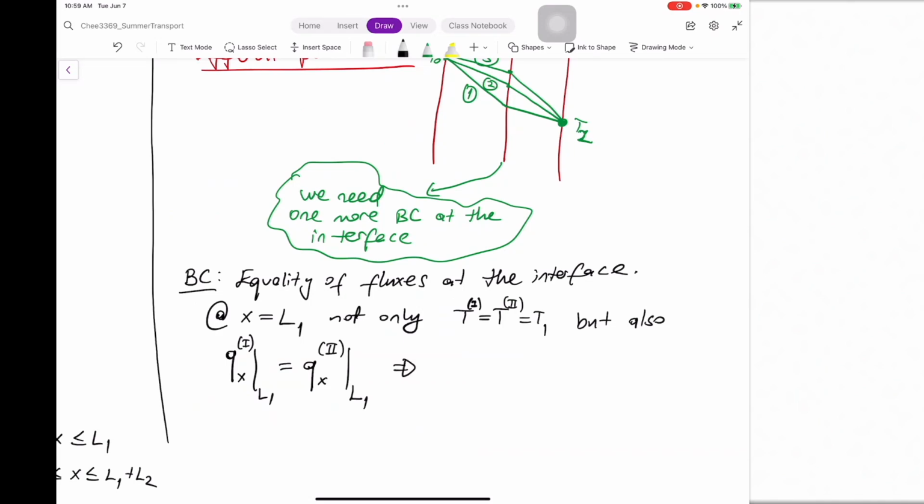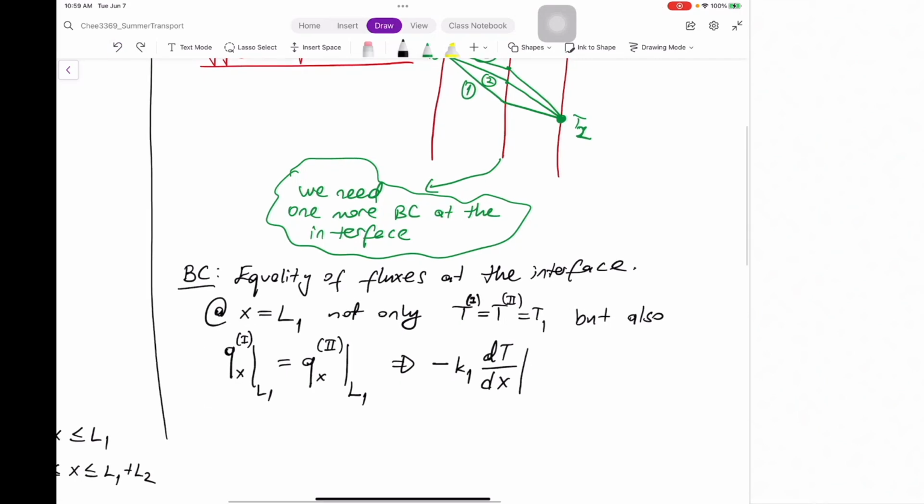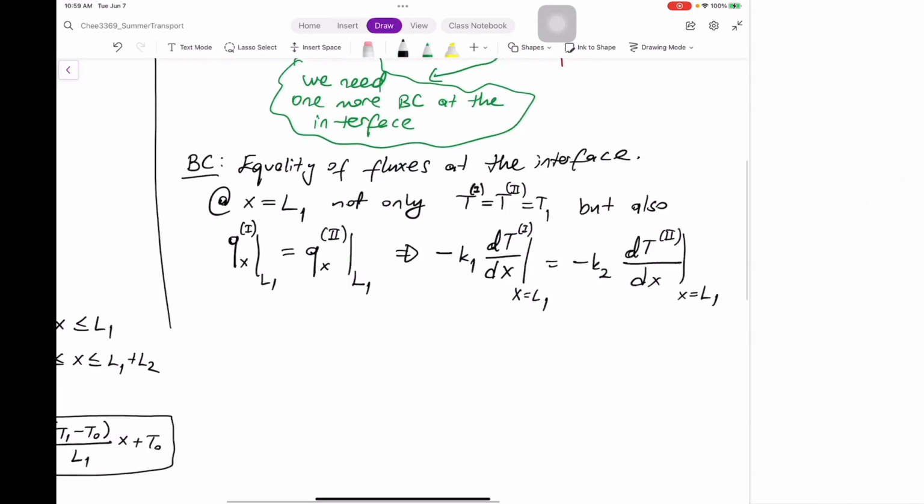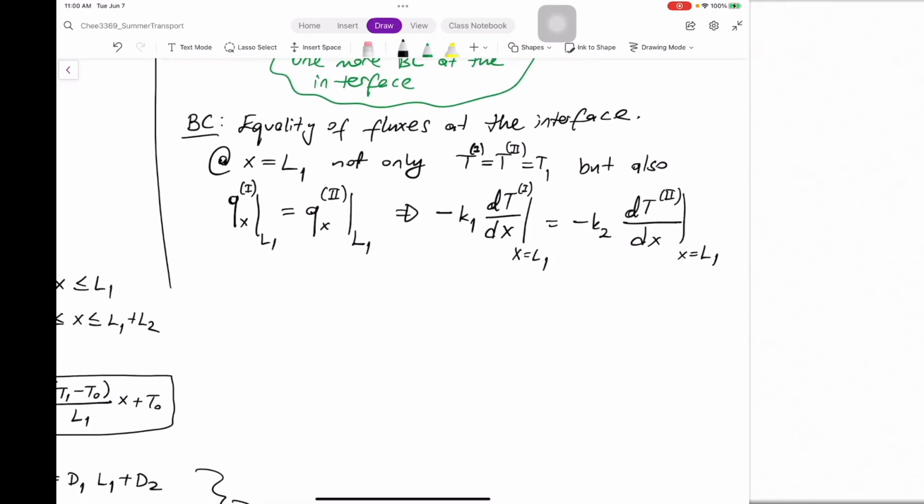So you should write down Fourier's law: minus K1 dT over dx is this Qx, calculated at X is equal to L1 for the material 1, must be equal to minus K2 for the material 2, dT2 divided by dx at X is equal to L1, right?